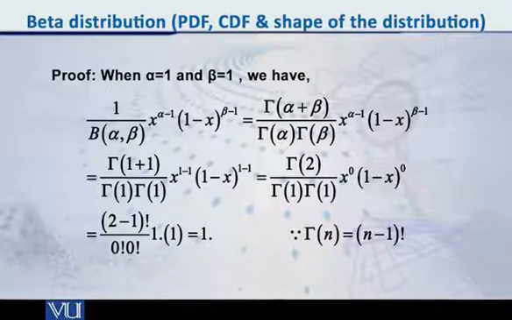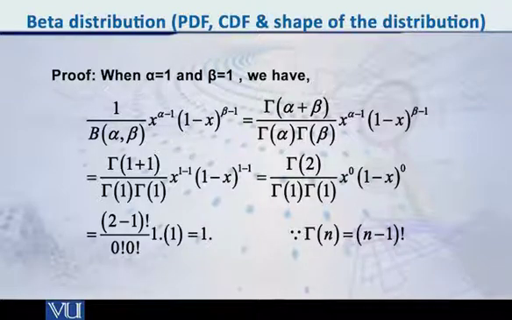This 1 over beta 1, 1 can be written as 1 over gamma 1 into gamma 1 over gamma 1 plus 1. And if we bring that up, then we can write gamma 2 over gamma 1 into gamma 1. And with this x raised to 0, because 1 minus 1 is obviously 0, and 1 minus x raised to 0.